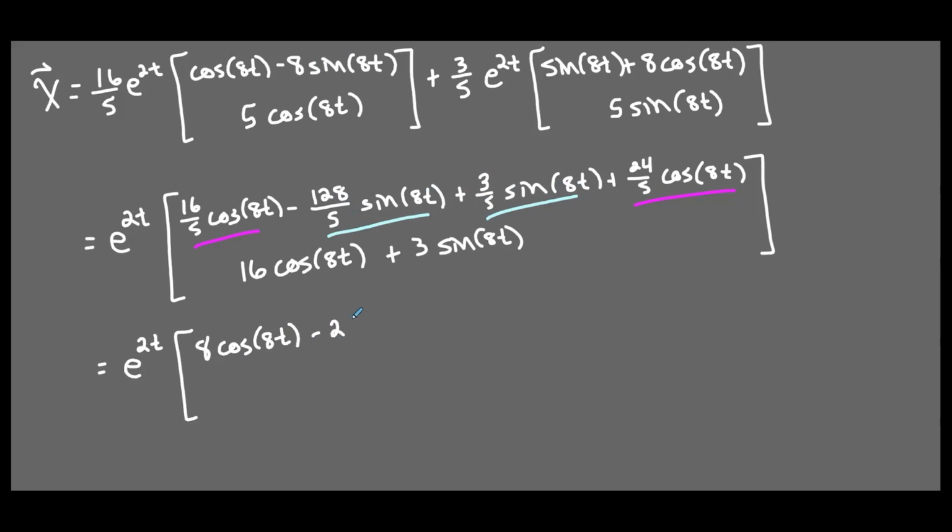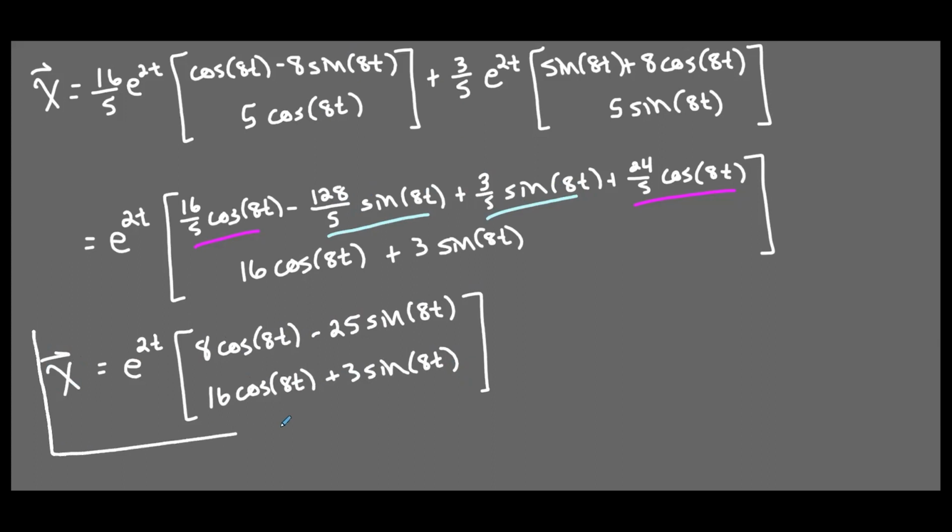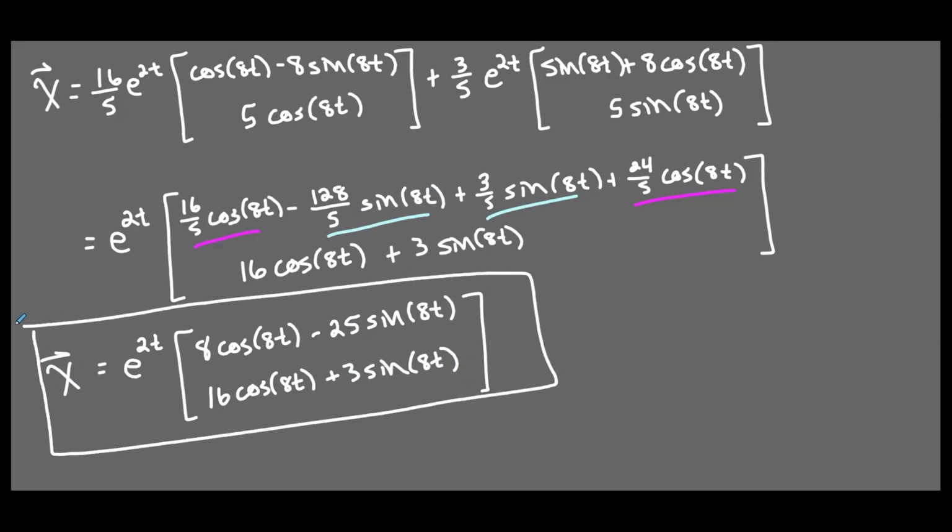That's minus 25. And the bottom remains the same. All right, so that's pretty good right there. I mean, you could multiply the e inside as well. I'm just going to leave it like that. All right, I'll see you in the next one.